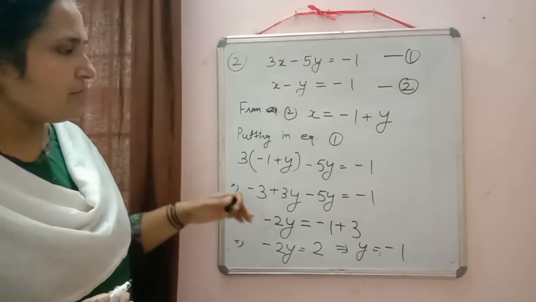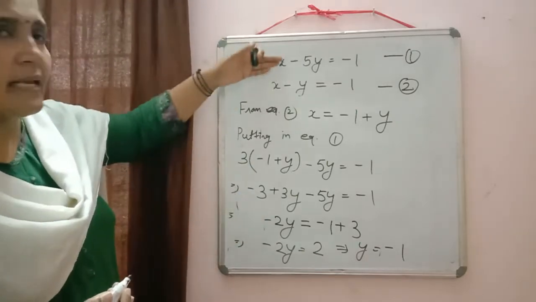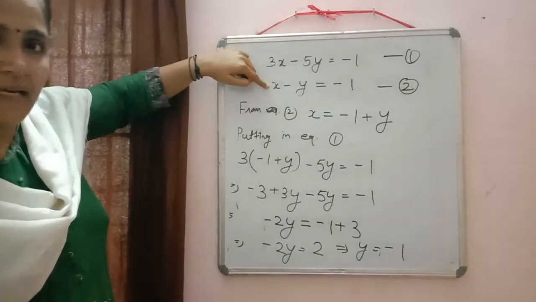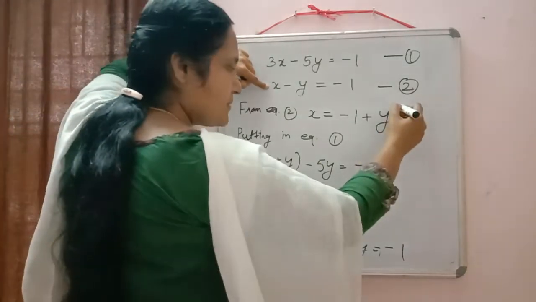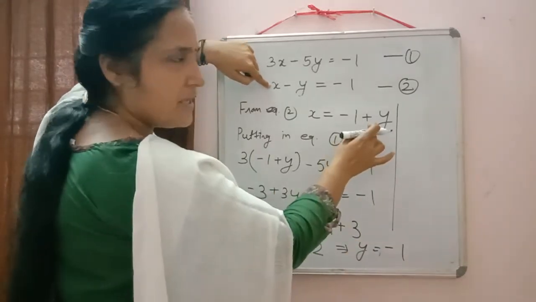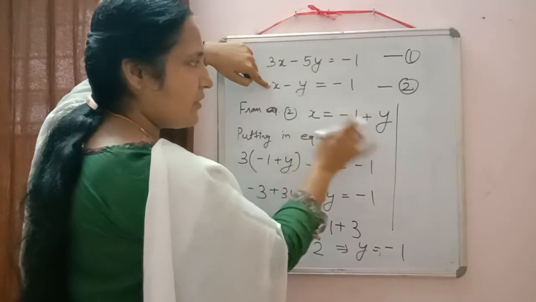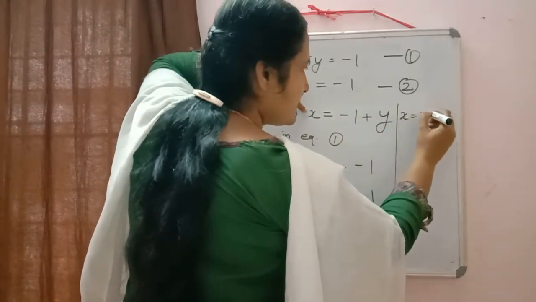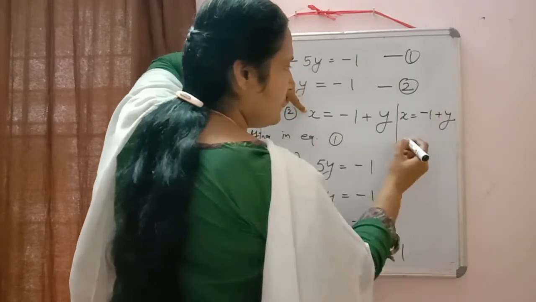Now to get the value of x, you can substitute in any one of the equations there. So I think second equation will be easy to substitute there. So we are substituting in equation number 2. Or if you want, you can substitute here also. Which one will be easy for you? So if you want, this one will be easy. Already it is written x is equal to minus 1 plus y.